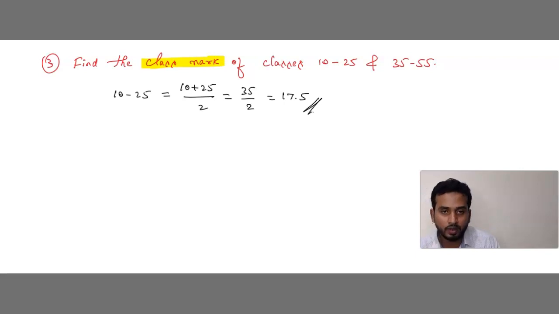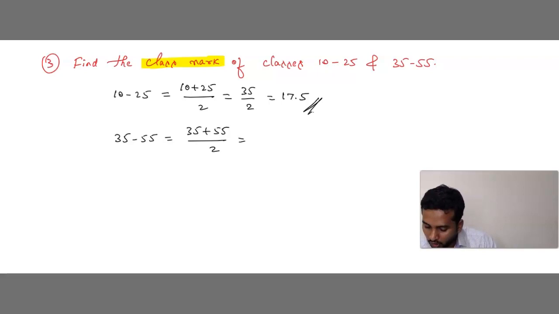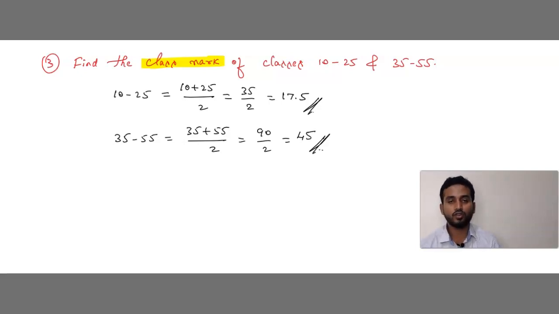So 17.5 is the class mark. Understood? Same way 35 to 55, that is not minus, that is 35 to 55. So add both numbers, 35 plus 55 by 2. 35 plus 55 is 90, and 90 by 2 is 45. Understood how to find the class mark?